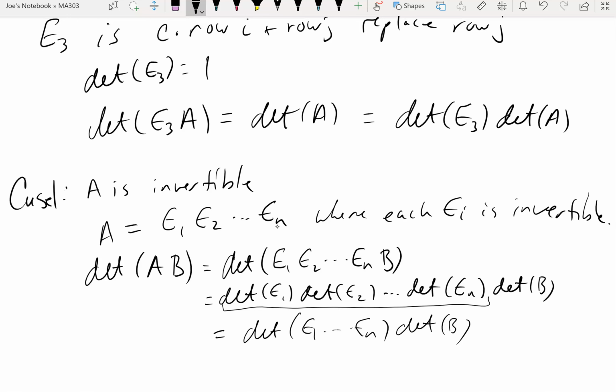Right? Determinant of I is 1. So I can put a determinant of I in here and just put it back together with an I right here. And then, since it's the identity, it doesn't matter that it's in there. But what is E1 times all the way out to En equal to? A.